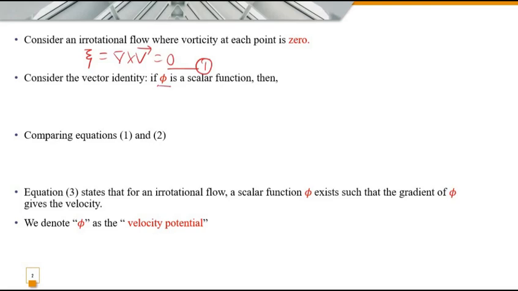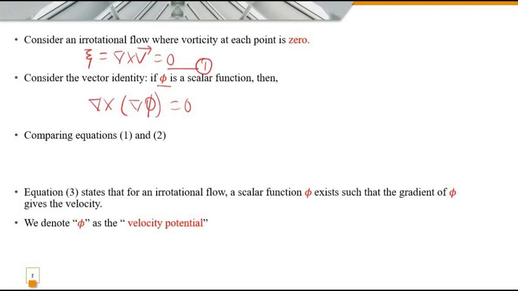Can I write V as something of this sort? Yes, I will substitute this vector identity, that is our velocity vector, in terms of a scalar function.